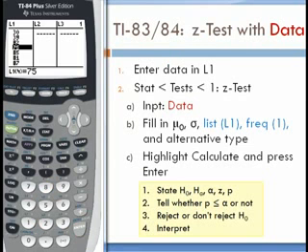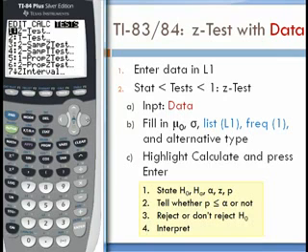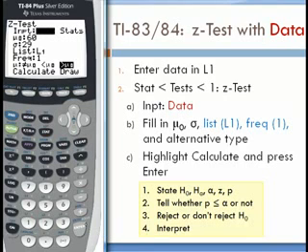Now that we've got our data entered, the next step is to go to Stat and then scroll to the right to Test. These are all the hypothesis tests listed here. We want to use the Z-Test because we're doing the one sample mean z-test. And we actually want to use Data. Remember that our alternative hypothesis was that the average stats grade was greater than 60%, so that makes mu0 be 60.